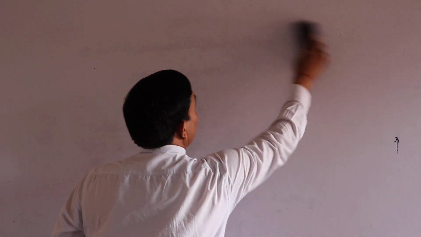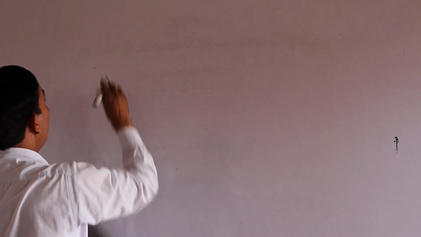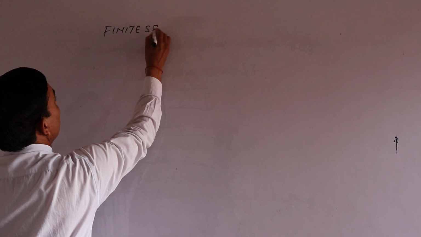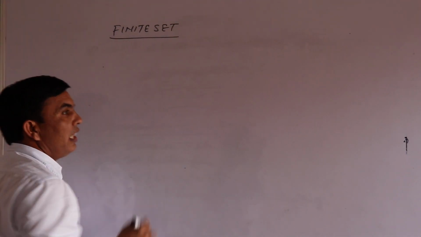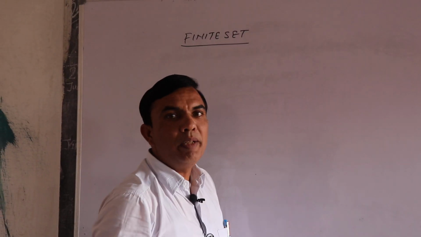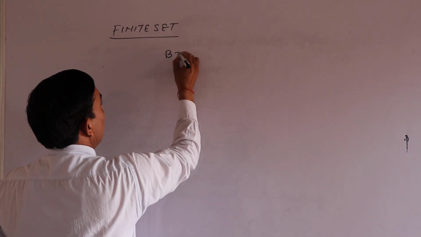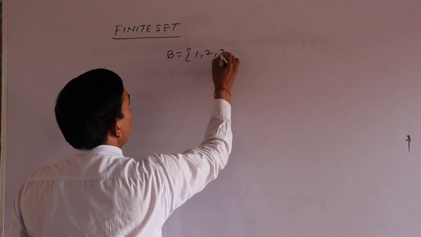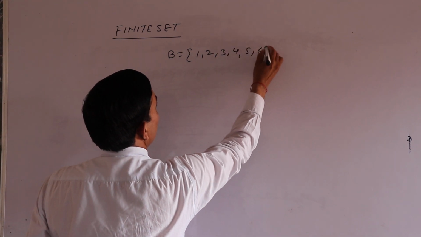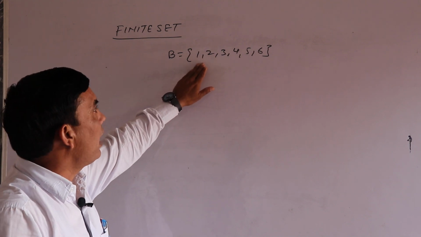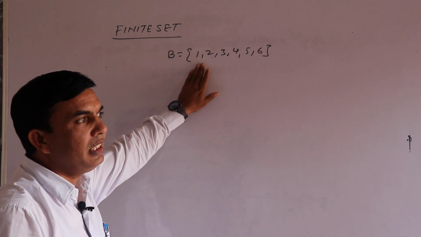Now the next definition is finite sets. A set whose elements are countable. Suppose B equals {1, 2, 3, 4, 5, 6}. Then the set B contains 1, 2, 3, 4, 5, 6.